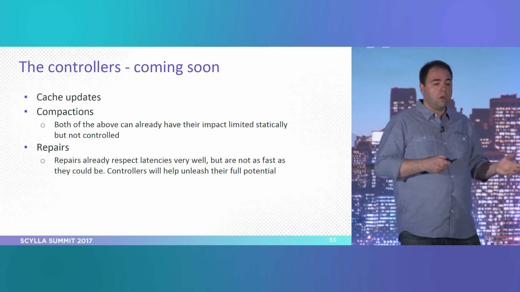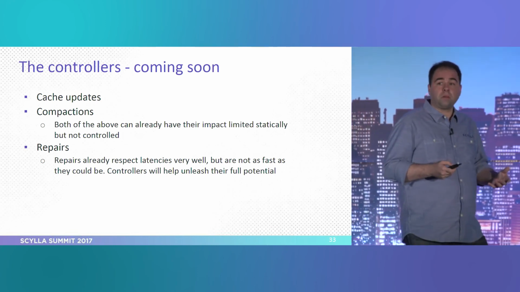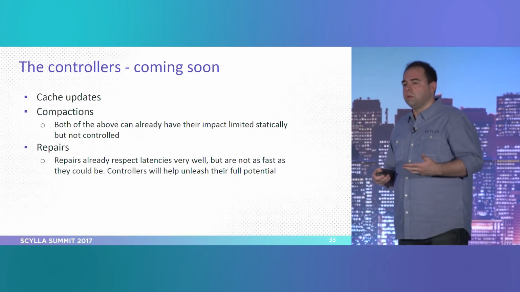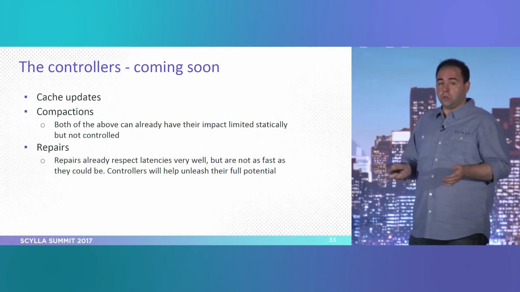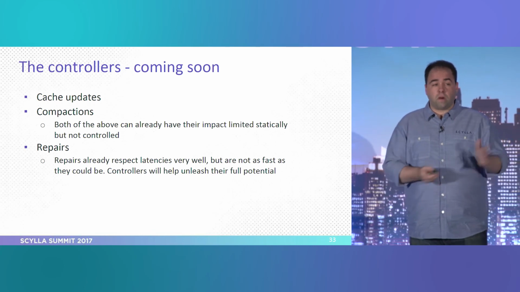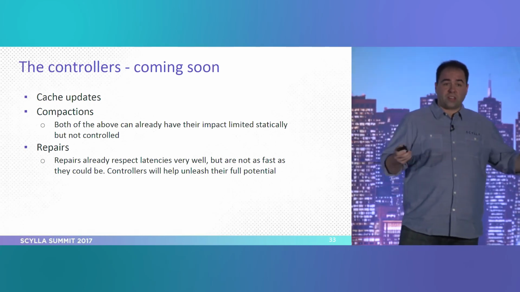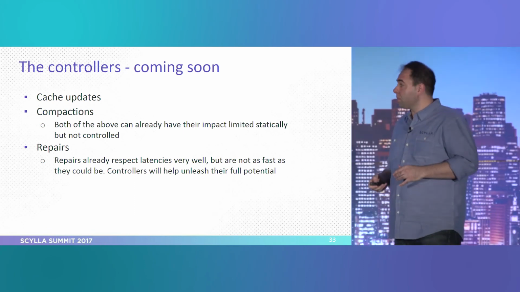With the controllers, we're not going to need to worry about that. And we're going to be able to unleash the full potential that repairs have. So they're much, much faster than they are today. We are already faster than the competition, but we want them to be as fast as they can possibly be.